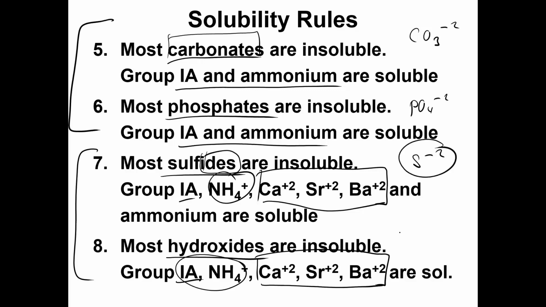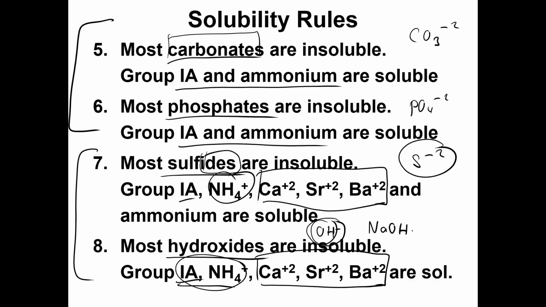So sulfites and hydroxides. You have the calcium, strontium, and barium that are soluble, and then of course group 1A and sodium. And so the hydroxides are special. Remember Arrhenius acids and bases. Those compounds that produce hydroxides in solution are Arrhenius bases. And so any soluble hydroxide, so let's just say sodium hydroxide, is a strong base, right?